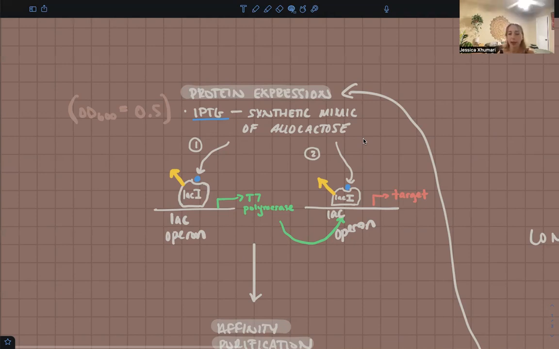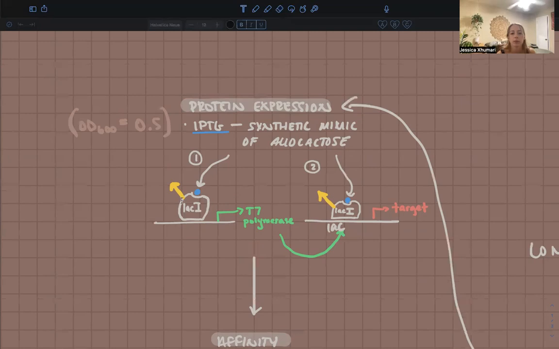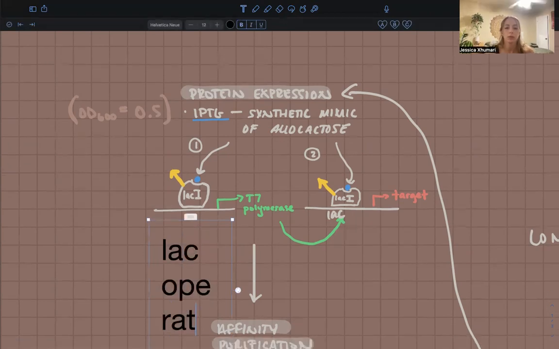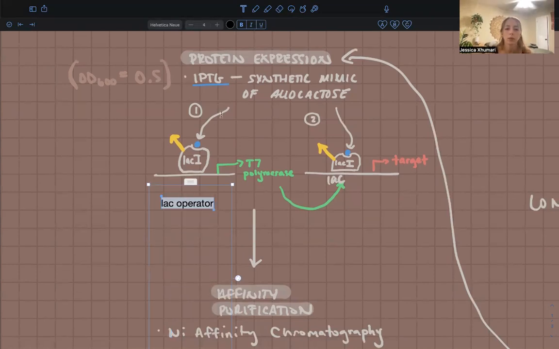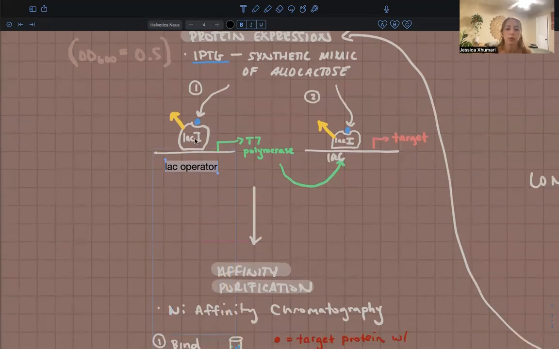On our plasmid, we have the LAC operator, is what I really should have put here. My bad. The LAC operator is going to be somewhere around there.